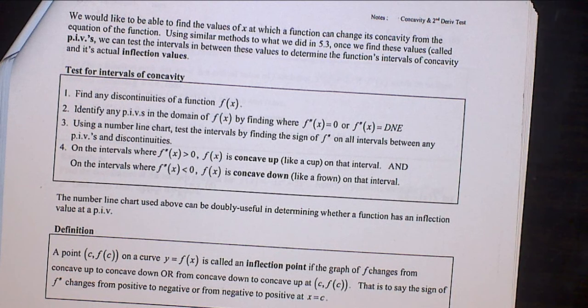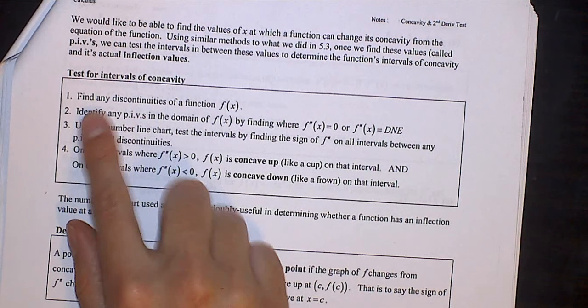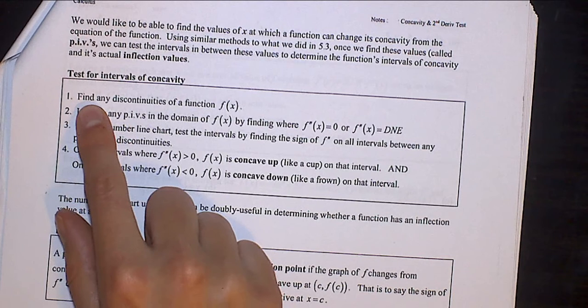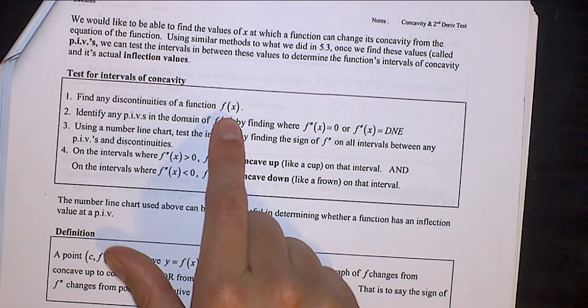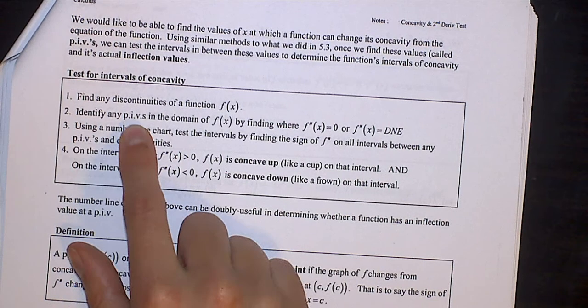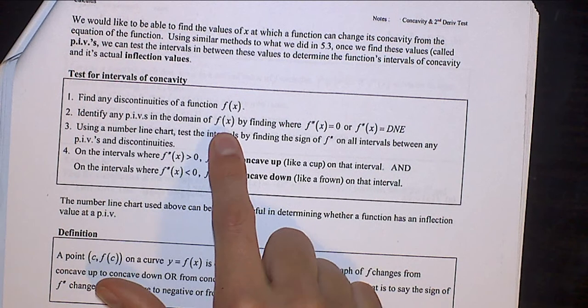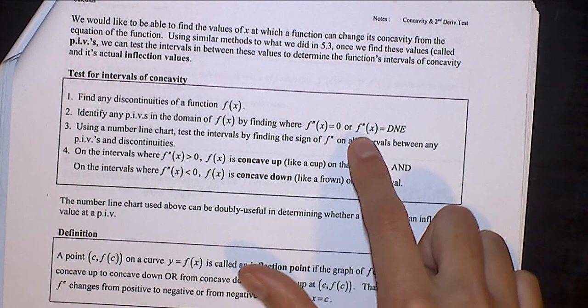Okay. So, in order to test this out, to find the concavity, here are our steps. 1, we'll find any discontinuities of a function f of x. 2, identify any potential inflection values in the domain of f of x by finding where f double prime equals 0 or f double prime does not exist.